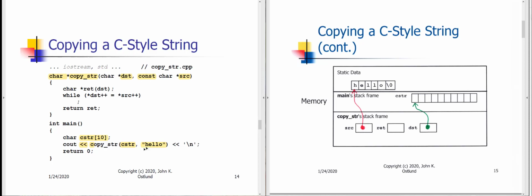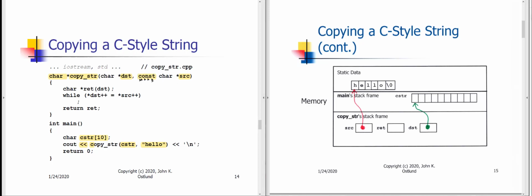Hello, of course, is a string literal. It's in the static data area and it's constant, but we don't plan to change the source argument anyway. We've declared the source as a pointer to a character which is constant, so everything is consistent and there are no complaints from the compiler when we compile and execute this code.